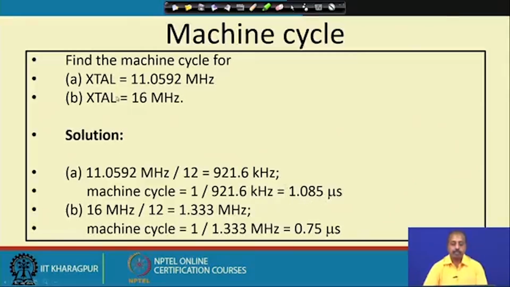If the crystal is 16 megahertz, by the same operation it is internally divided by 12. So, you get 1.333 megahertz, and so the machine cycle becomes 0.75 microsecond.